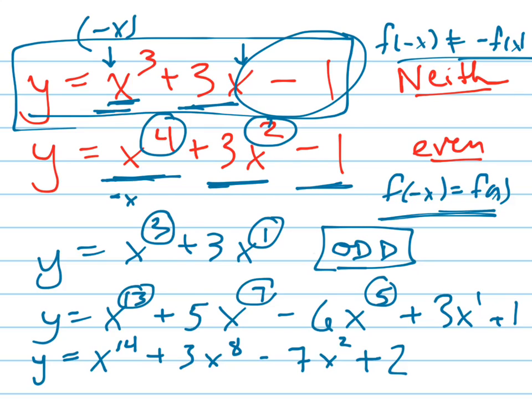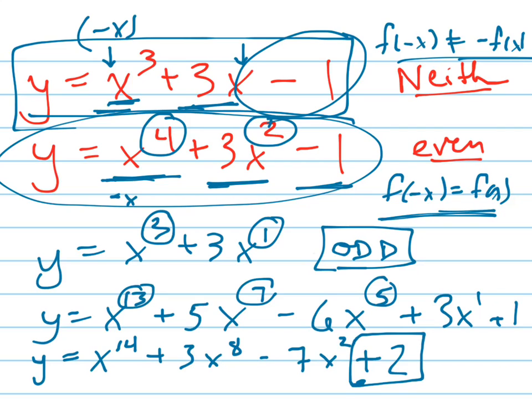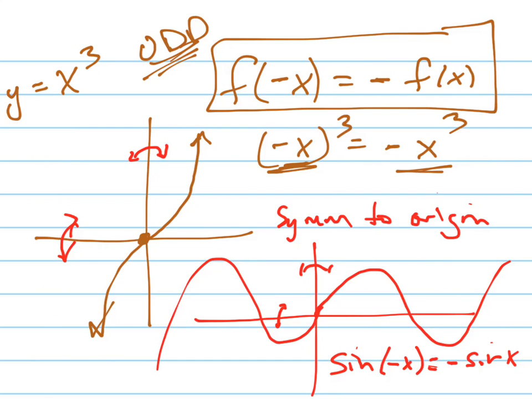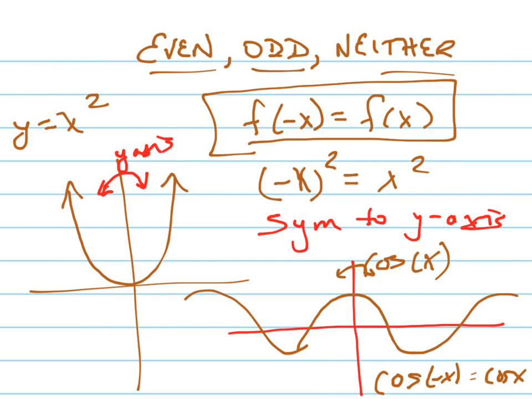That's what I was trying to get at with this explanation up here. If it's an even function, it doesn't matter if you add another number on there, because you're still going to have this relationship: f of negative x is still going to equal f of x. Here's another way to think about that. Adding a number to this, does it change its symmetry?